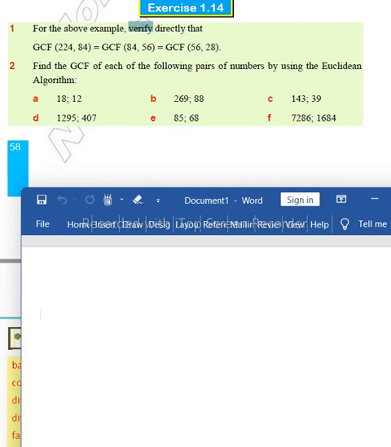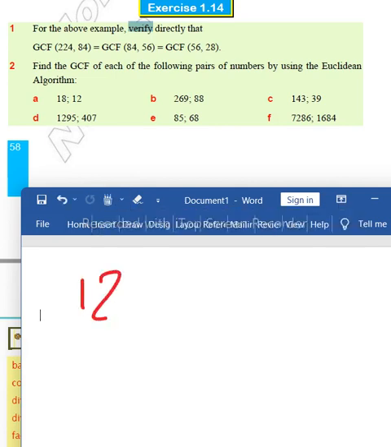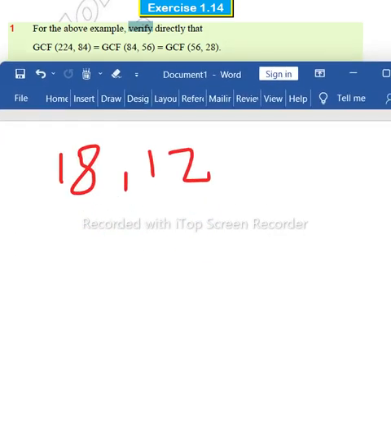Let us do letter A. Letter A says 18 and 12. So these are the given numbers. When we divide 18 by 12, we get 1, and the remainder is 6.